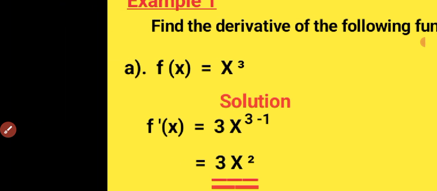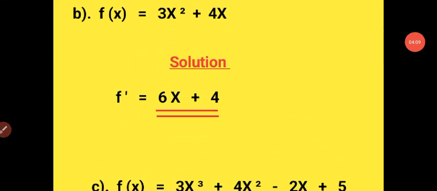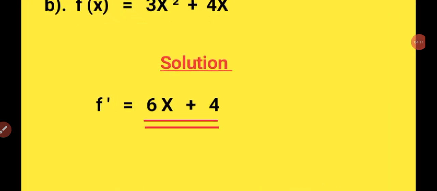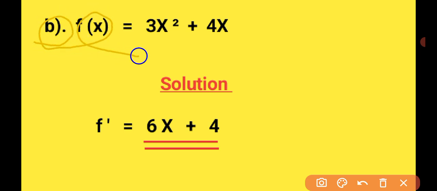So let us go to part B. In our part B, we have f of x is the same as 3x squared plus 4x. With that one, we move straight with the solution.